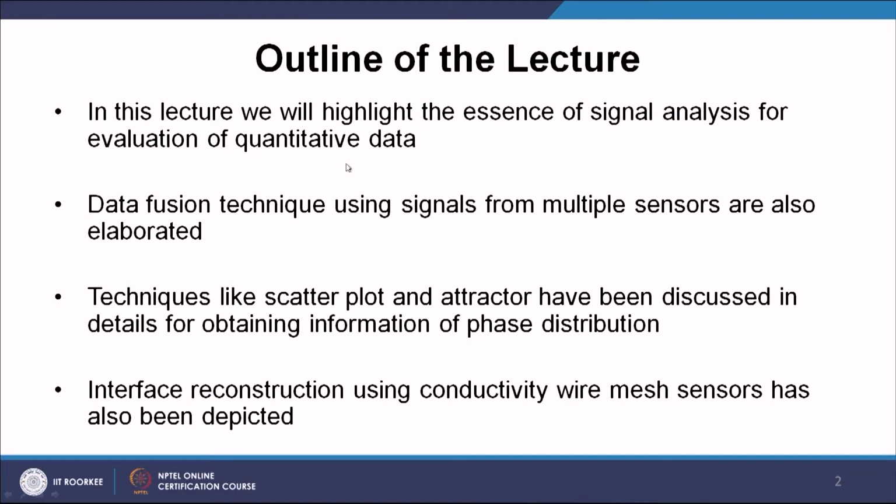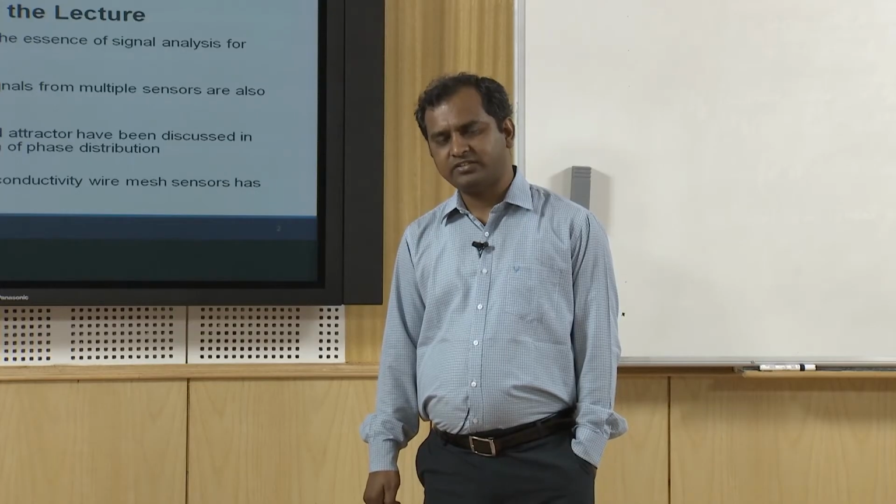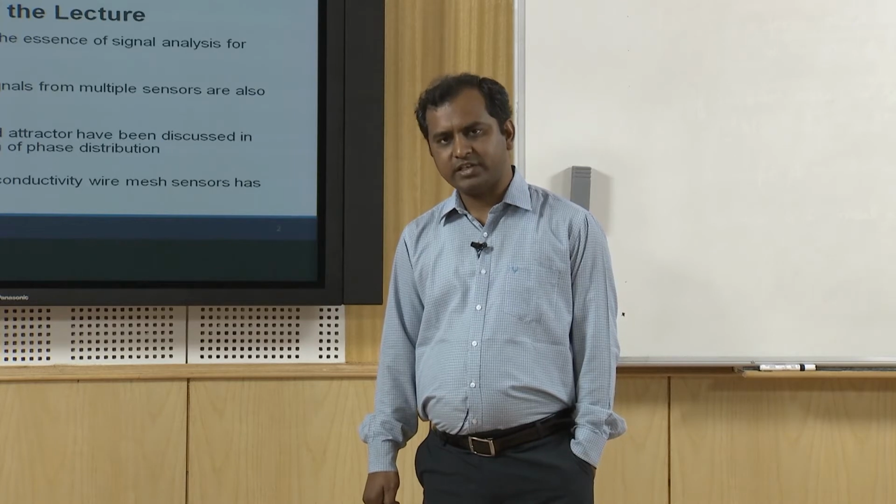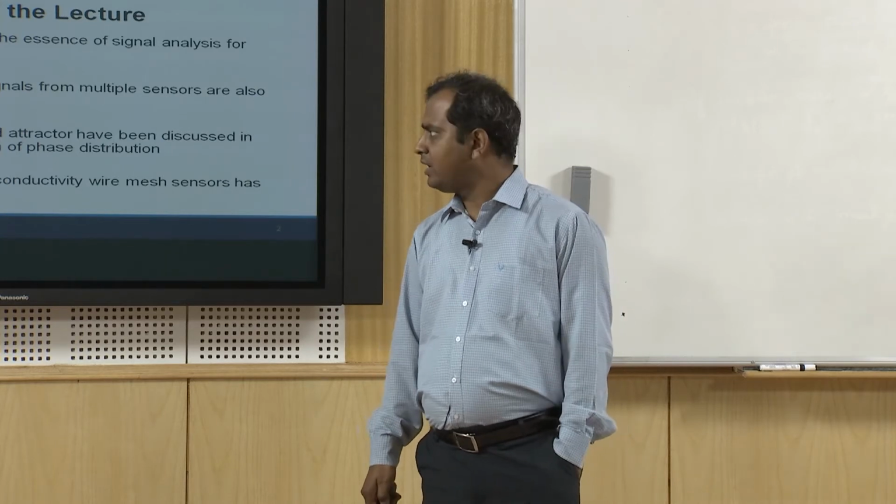Next we will show you how, using multiple signals from the sensors, data fusion can be done and quantitative information can be obtained. For that I will show you information from some statistical features and some neural network.